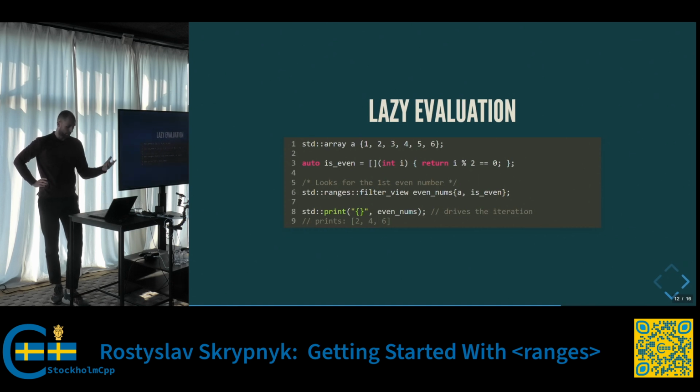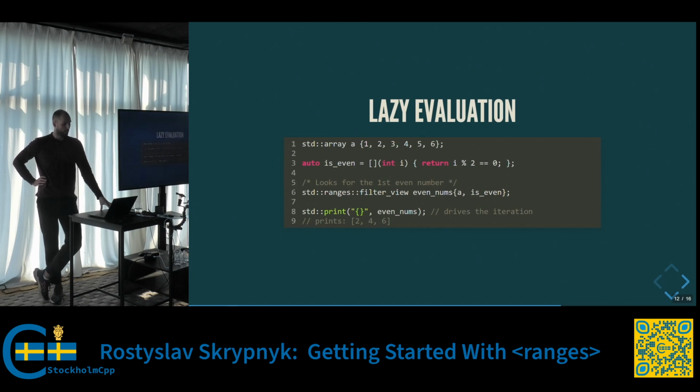And we say, okay, here is the collection, here is the predicate. So when you create that filter view, the computation that will happen when you create it is that it will go through each element from the beginning. It will take 1. Is 1 an even element? No. It will go to the next one until it finds. It can go through the whole thing if it doesn't find what it is looking for. But we find it. 2 fulfills the predicate.